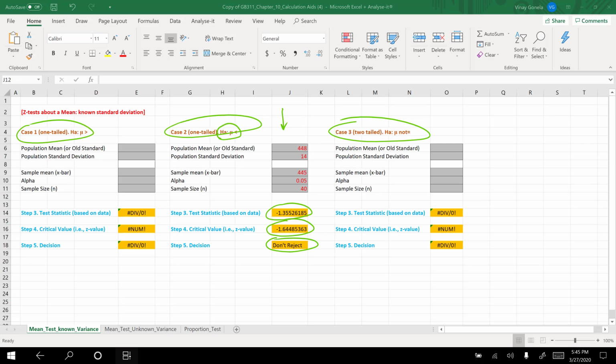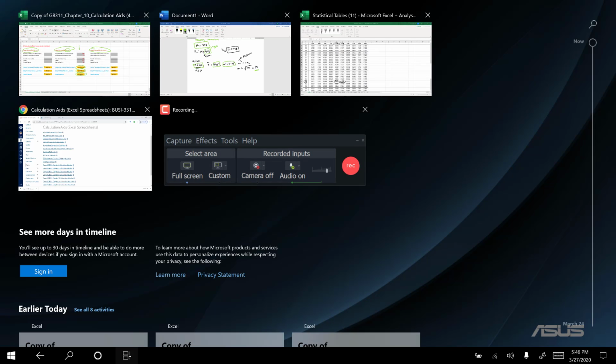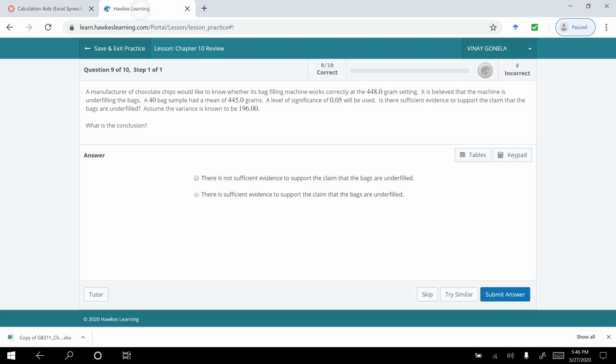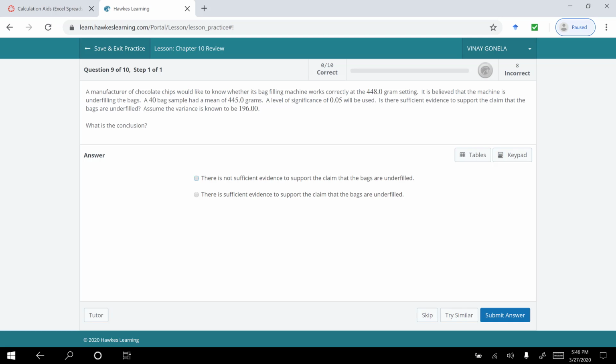So let me go to Hawk's learning and look at the statement. So there is not sufficient evidence to support the claim that the bags are underfilled. This is true because the bags are being filled at 448.